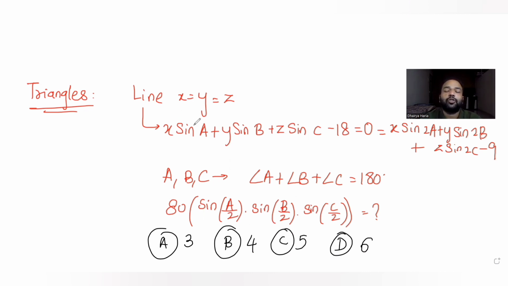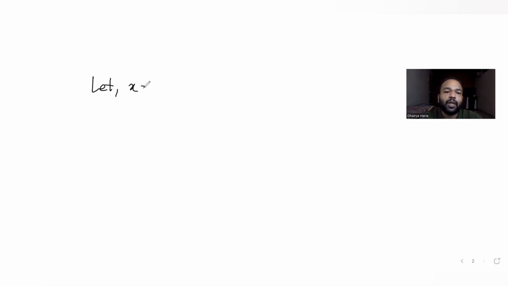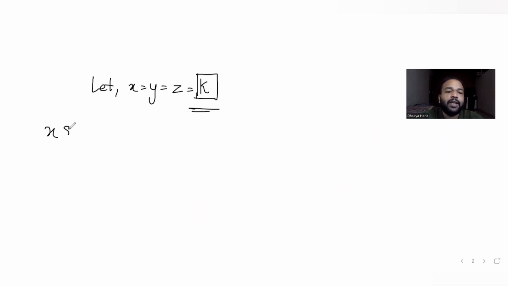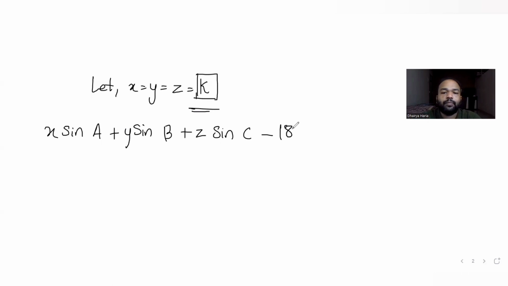Let's first solve these two lines. We have been told that the line x = y = z intersects this line. So in every equation of the line, if I put x, y, and z equal, let's say they are equal to k. Taking the first equation and equating it with 0, I have x sin A + y sin B + z sin C - 18 = 0.